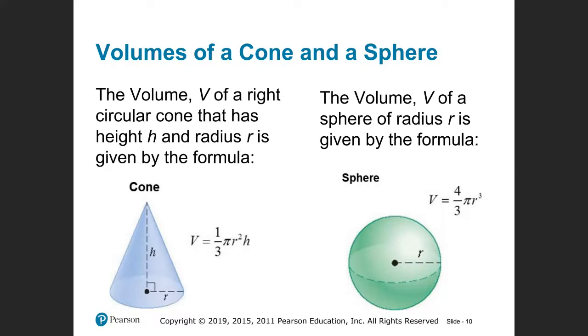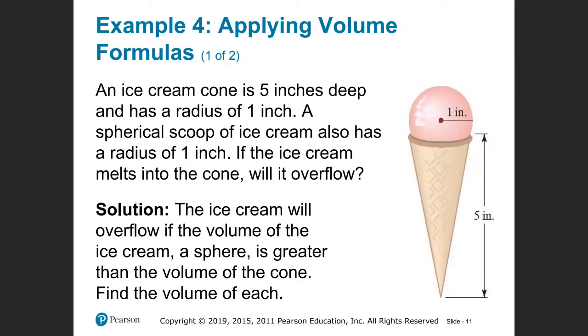The volume V of a sphere of radius r is given by this formula: V is equal to 4/3 pi r cubed. And this application problem uses both the volume for a cone and the volume for a sphere.